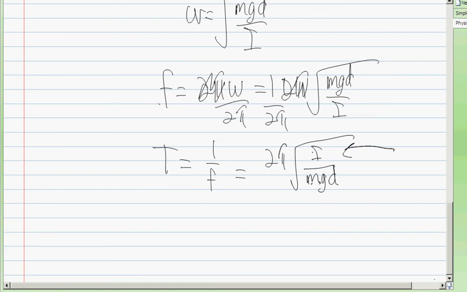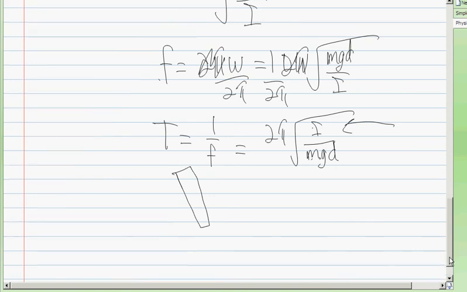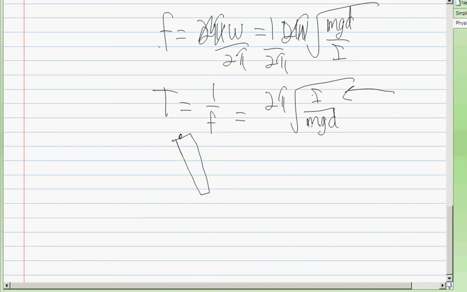Let's try this for, say, a bar. A bar swung at the end. Okay. So that's going to be our example.